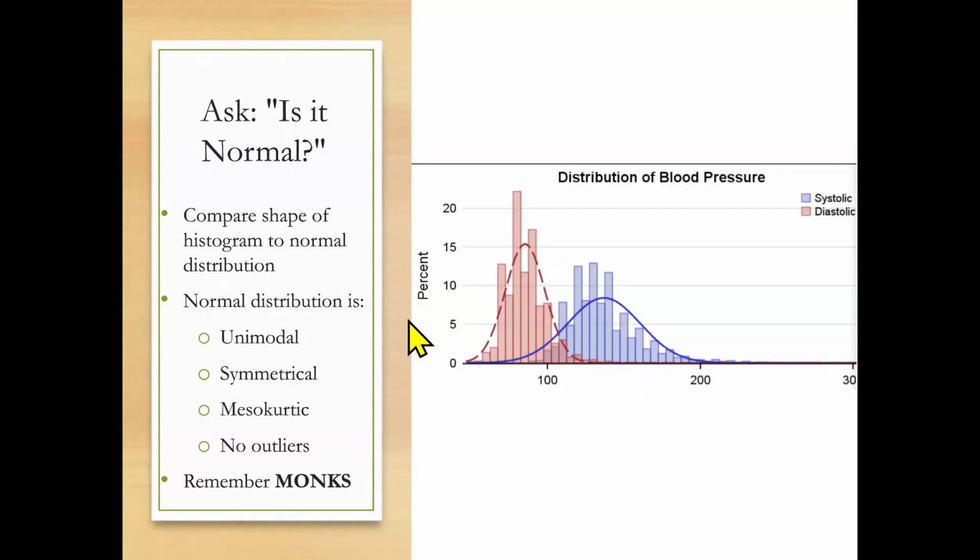Because the y-axis on this graph is percent, the people who made this graph took the proportion of individuals that had blood pressure in each of these little ranges across the bottom of the x-axis. They didn't put a tick on the x-axis for every single individual.